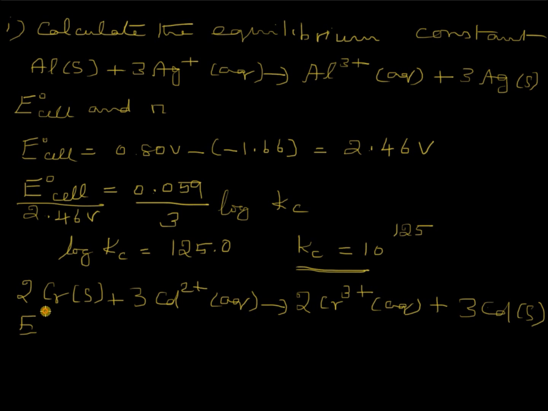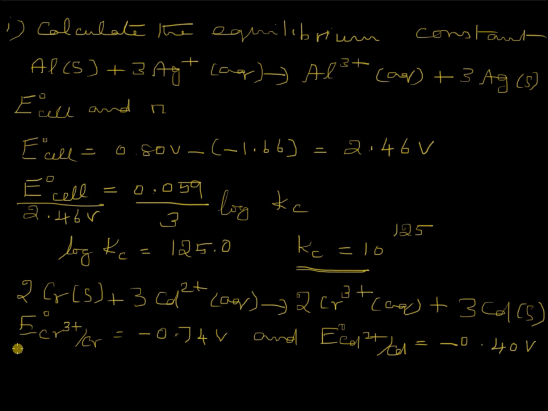E naught of Cr3+ bar Cr is minus 0.74 volt, and E naught of Cd2+ bar Cd is minus 0.40 volt. One more thing that you need is the value of n.